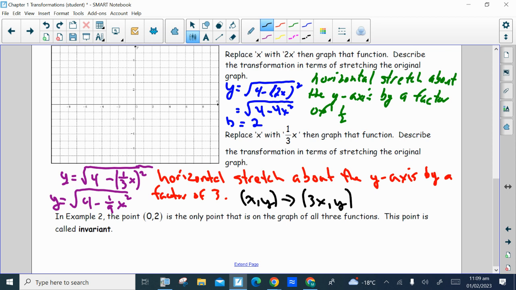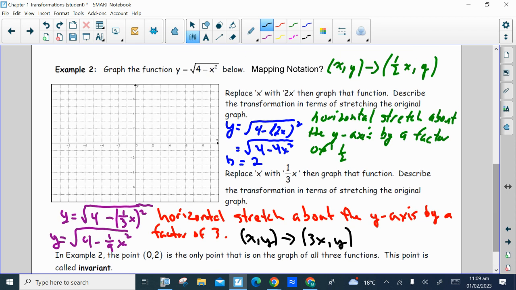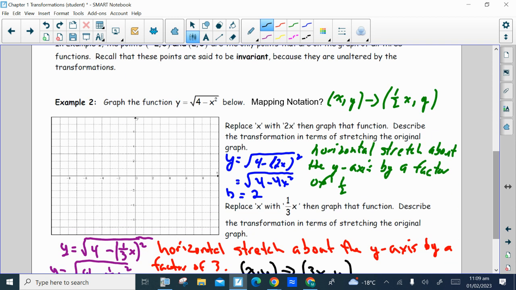So let's look back and see what actually happened here. In the case of that first scenario that we did, and we didn't draw the graphs on our grid for this one, but we definitely could, the original graph was just 4 minus x squared.